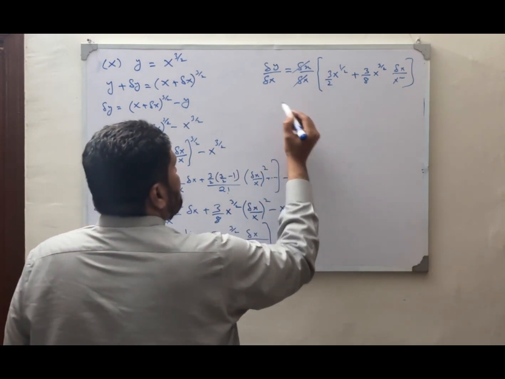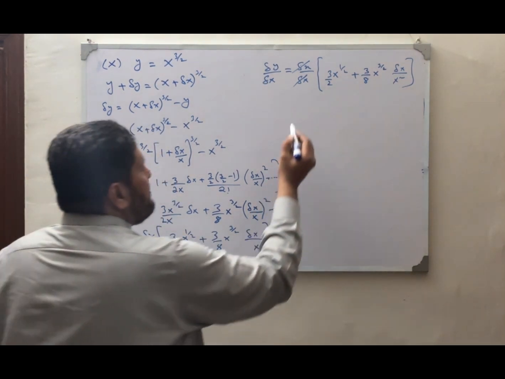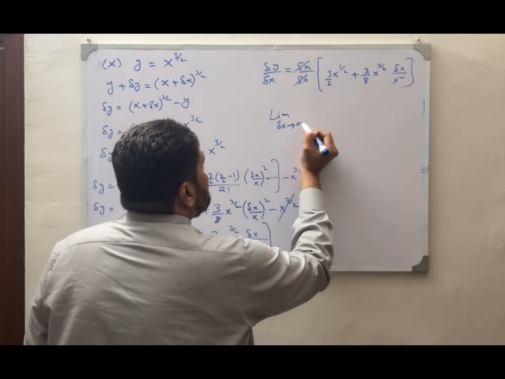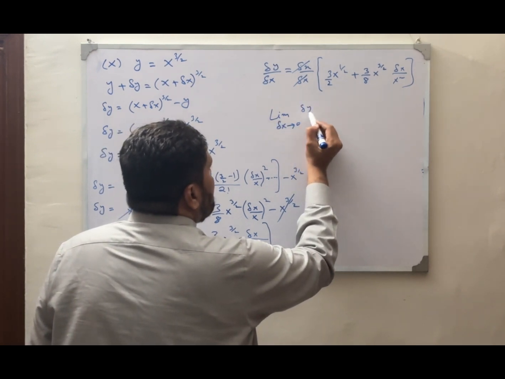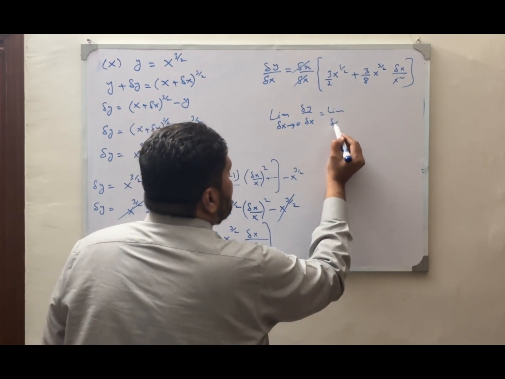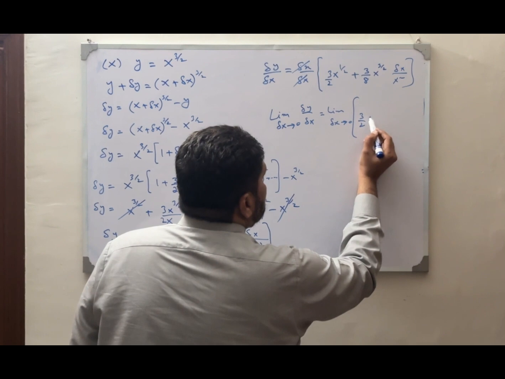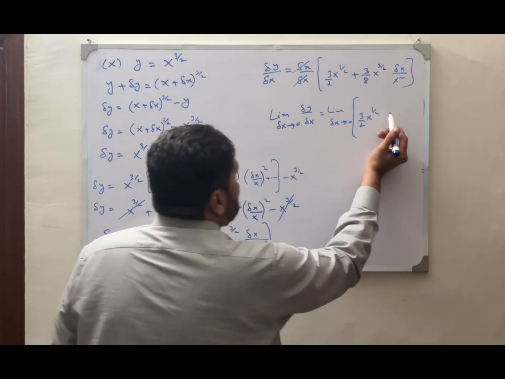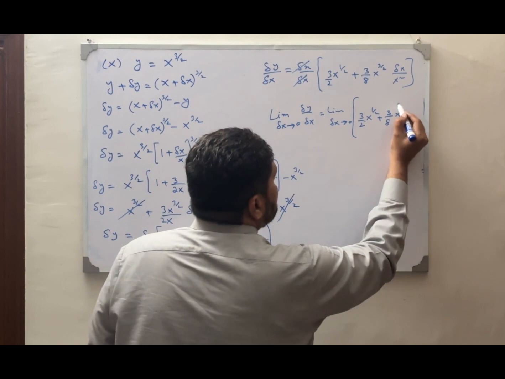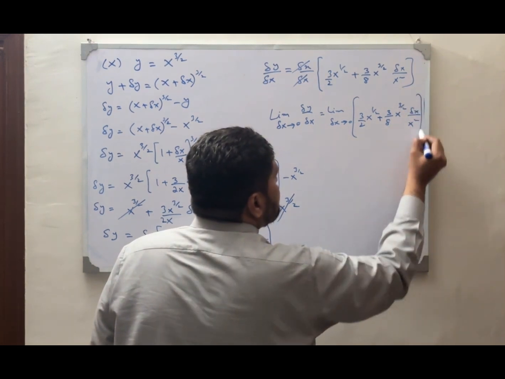So now by applying the limit on both sides of the equation, we have limit delta x approaches to 0, delta y by delta x, this is equal to limit delta x approaches to 0 for this whole function, 3 by 2x power 1 by 2 plus 3 by 8x power 3 by 2 delta x by x square.